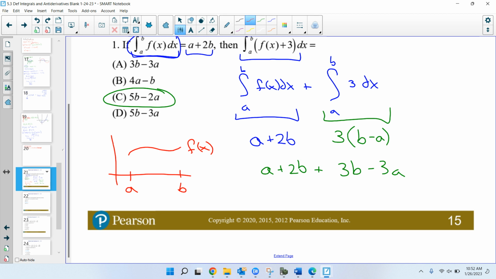When you shift this up 3 units, 1, 2, 3, it now looks like that, right? What did you just create underneath when you shifted that up 3? You created a new rectangle underneath, right? The x-axis got moved up to there. So whatever the area was, you need to add on an area of 3 times b minus a. That's a geometric explanation of it.